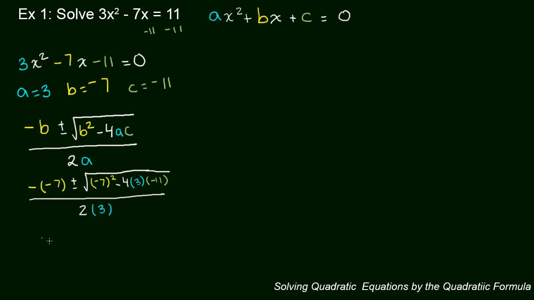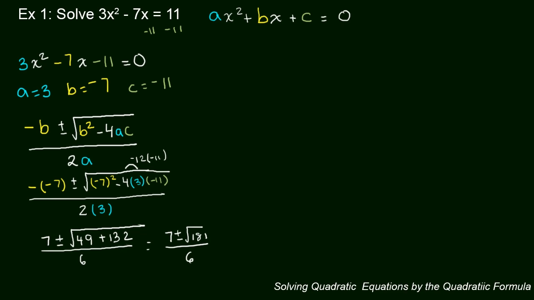Negative times a negative 7 is a positive 7, plus or minus negative 7 squared is 49, so I have the square root of 49 times negative 4 times 3, which is negative 12, and then negative 12 times negative 11 is a positive 132, all divided by 2 times 3, which is 6. I can simplify inside the square root because 49 plus 132 is 181, so I have 7 plus or minus the square root of 181 divided by 6.